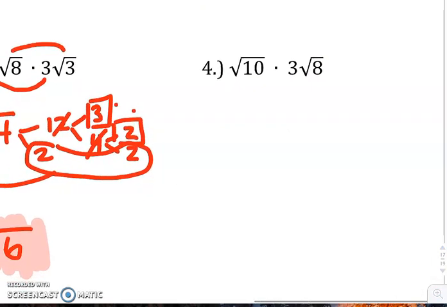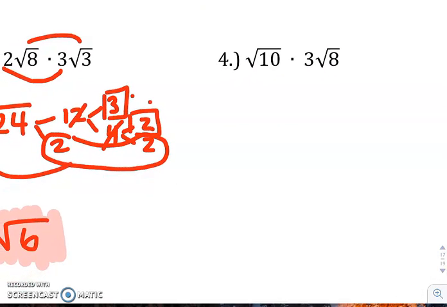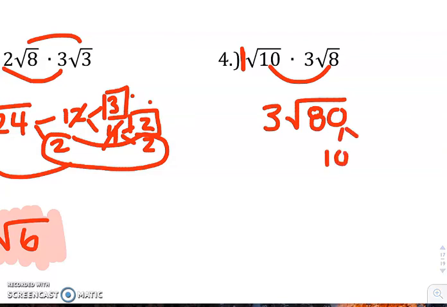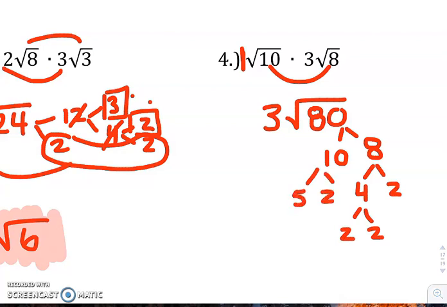Number 4, square root of 10 times 3 square root 8. You can put a coefficient 1 out there in the front, but the number in the front is just going to stay 3. Square root of 10 times square root of 8 is going to become 80. 3 root 80. So we are definitely going to have to factor 80. Let's just start with 10 and 8. 8 can be 4 and 2. 4 is 2 and 2. And then 10 is 5 and 2.